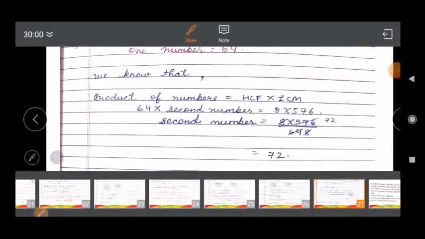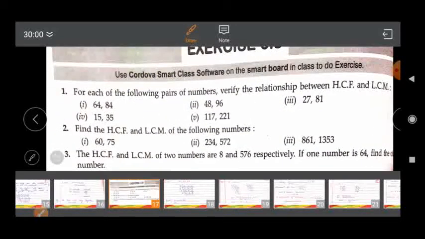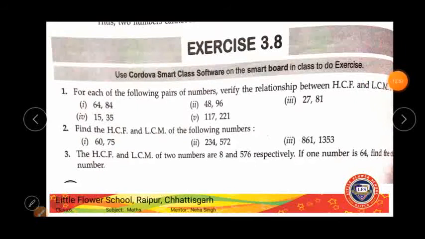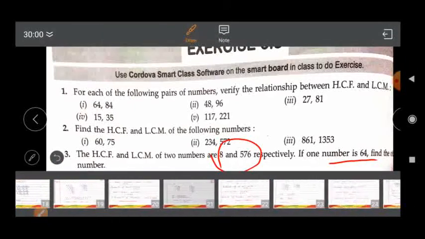What is the question? The HCF and LCM of the numbers are 8 and 576. HCF and LCM are given and out of the two numbers, one number is also given, right? What we need to do is find the other number.